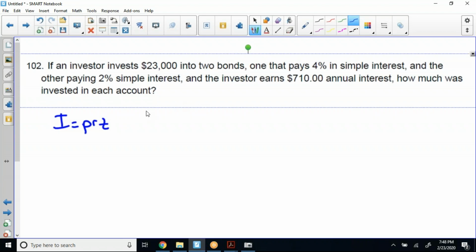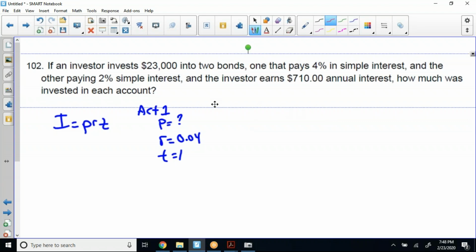So you've got account 1. Its P we don't know. Its R is 4%, right? And the T, it didn't say, because it's going to be the same on both of them, so we're just going to say 1.